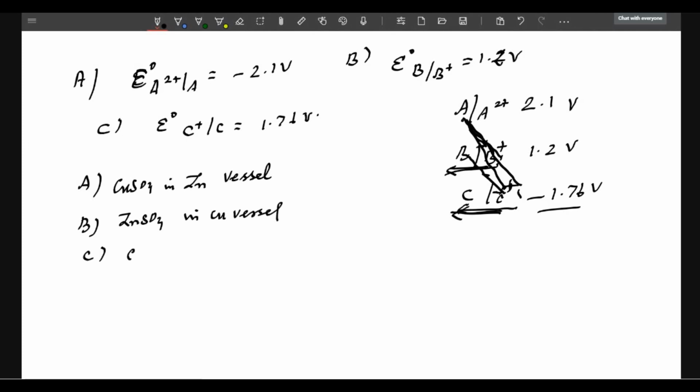C: Copper can be displaced by passing hydrogen through the solution.